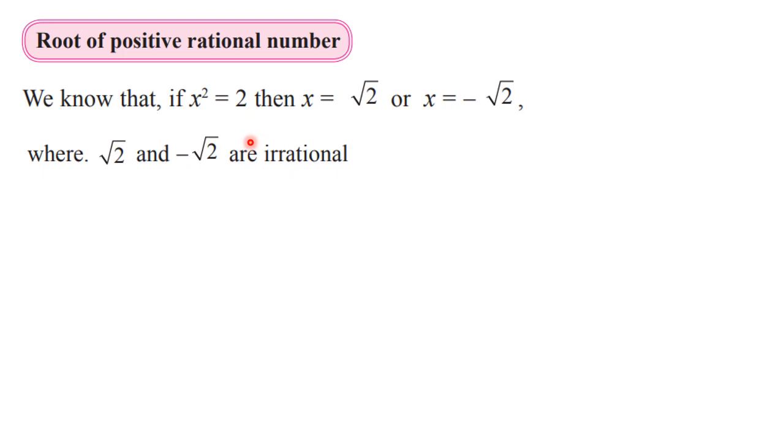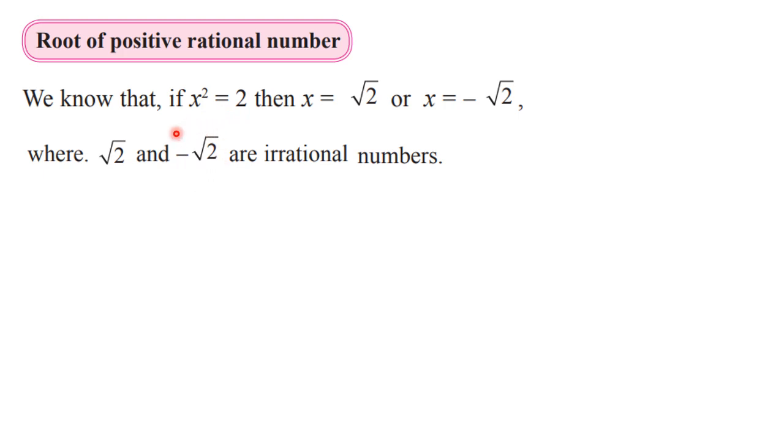These two roots which we have found, root 2 and minus root 2, both are irrational numbers. 2 is a rational number, but its roots, root 2 and minus root 2, are both irrational numbers. See, this minus sign is outside the root sign.